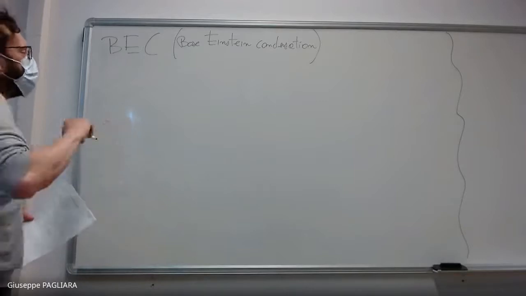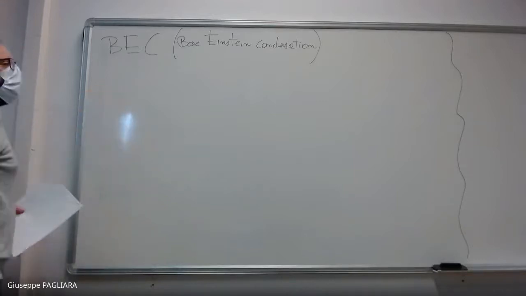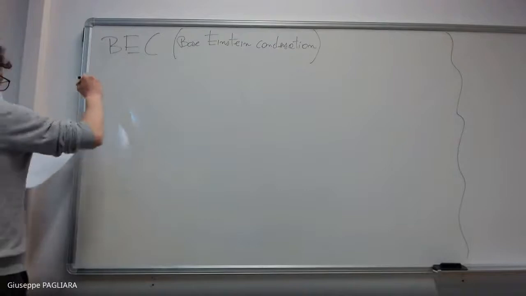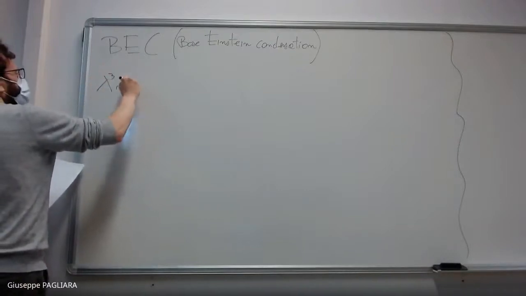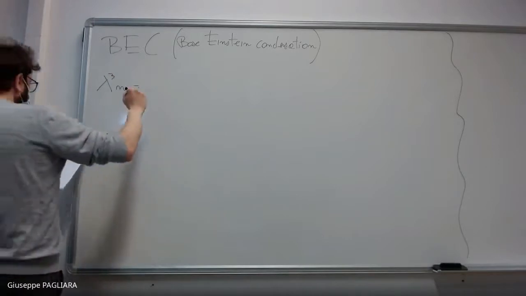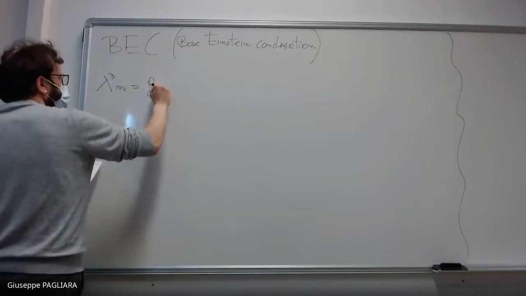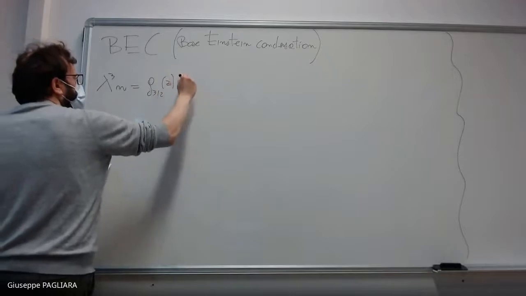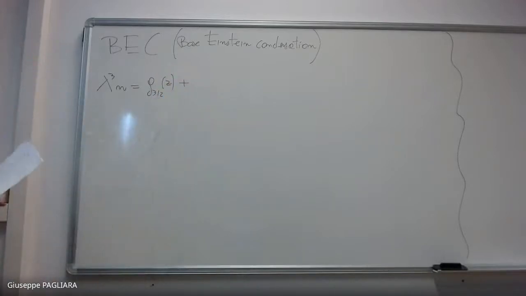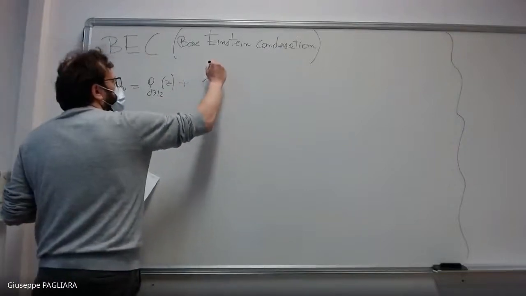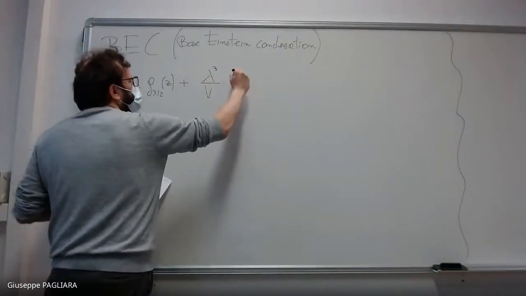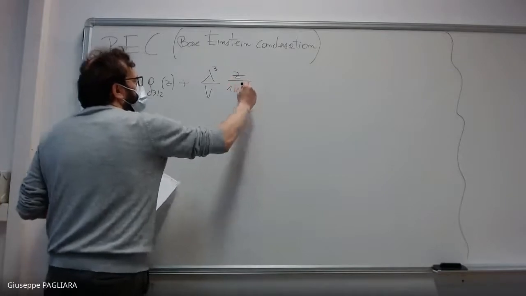Now let me introduce back that specific correction, in particular in the density equation: lambda cubed n is equal to g_{3/2}(z). If we are considering z approaching 1, we have to introduce the correction, which was lambda cubed divided by the volume, times z over 1 minus z.